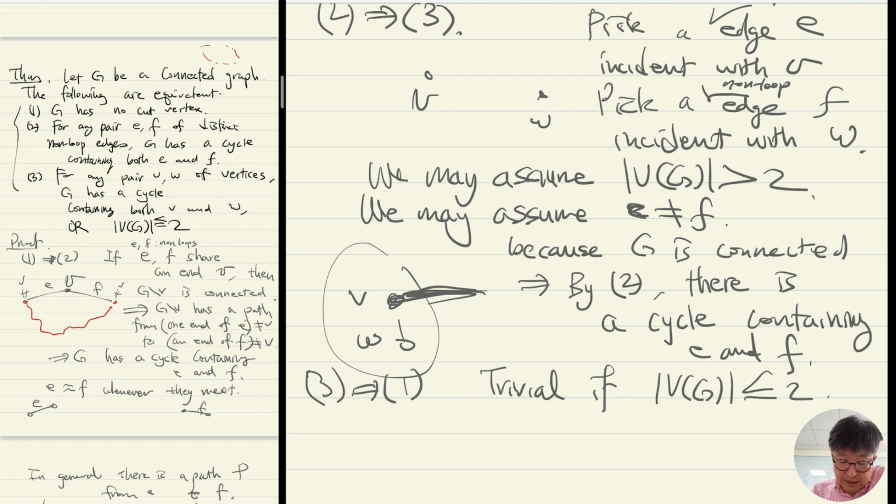Now suppose that for any pair of vertices there is a cycle containing both of them.